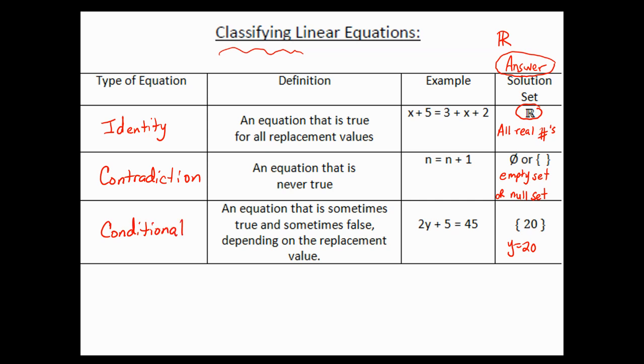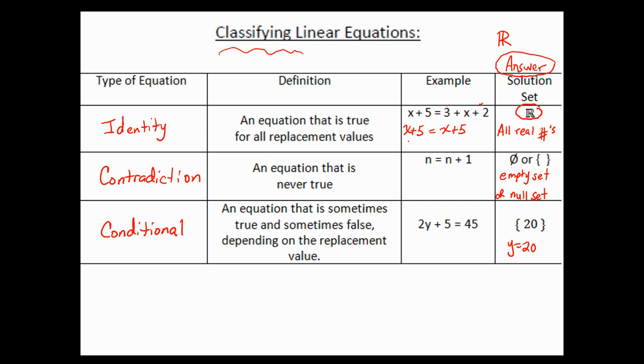Okay, so let's take a look over here. If I just did the math here, there's nothing to do right here. There's two items, two terms. But over here, if I put 3 plus 2 together, it would say x plus 5 again. So this is an identity, an equation that is true for all replacement values. So no matter what x you pick, I'll just for fun say x is equal to 10.